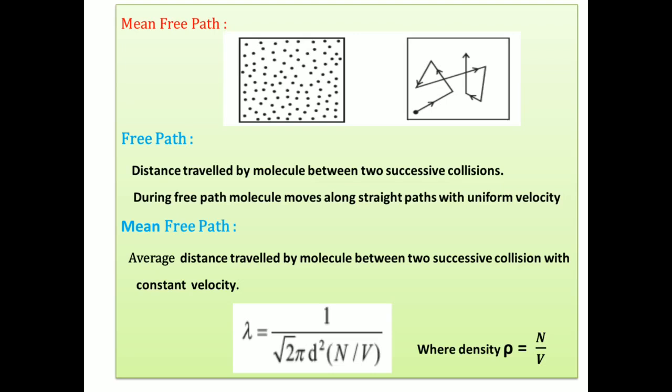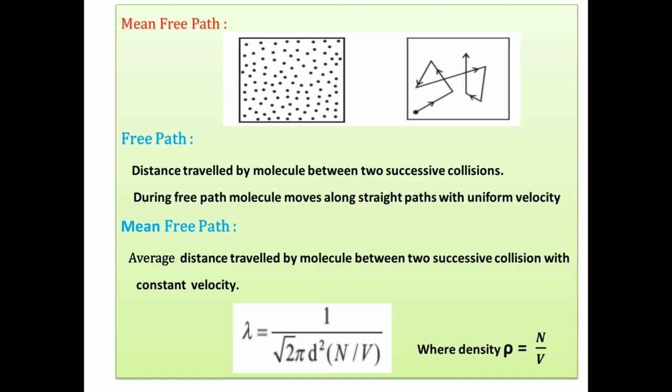Not in the case of corona, the other way. But if people are far from each other, then the chances of collision are less. So mean free path is inversely proportional to density.